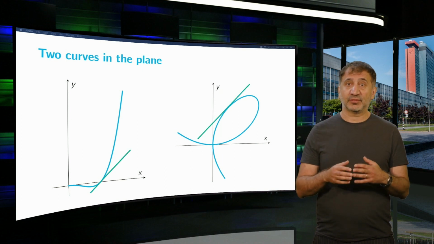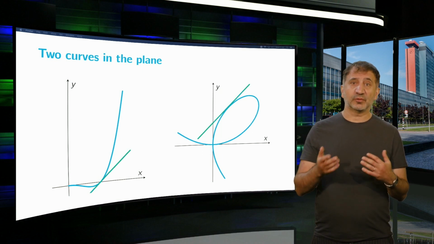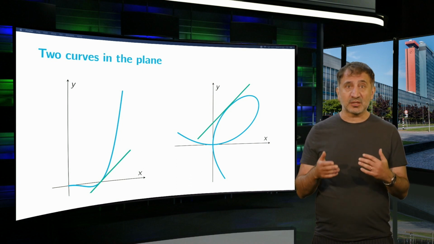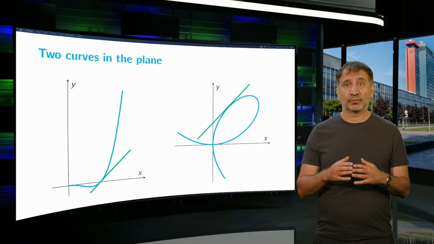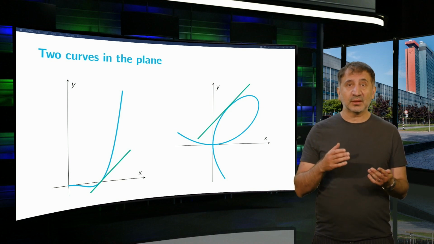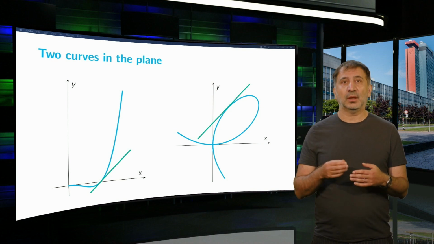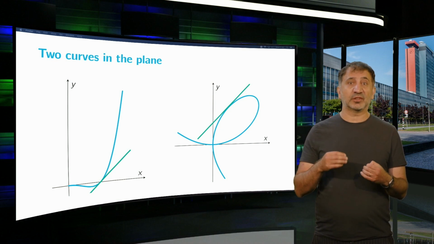Both curves have tangent lines. The slope of a tangent line to the curve on the left can be calculated by explicit differentiation. For the curve on the right, we need another technique, which is the topic of this lecture. It is called the technique of implicit differentiation.